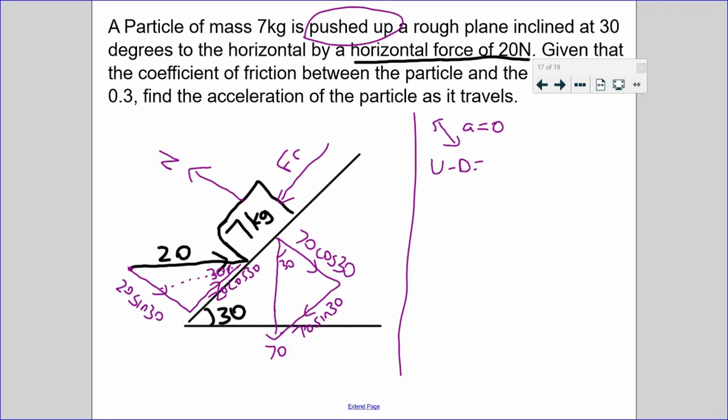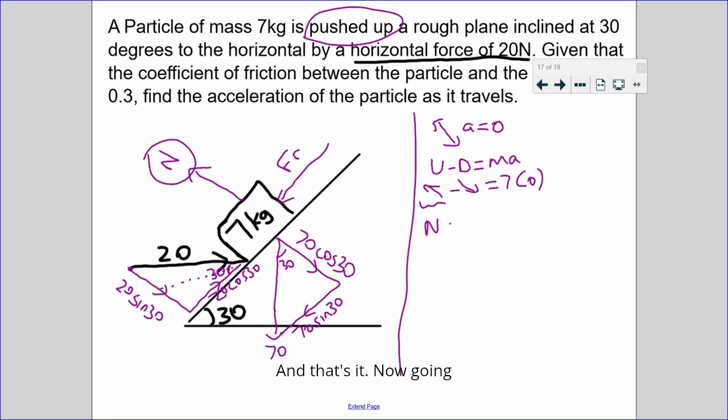Doesn't really matter. Now, which forces are going upwards? So we have the n, which is going up. And that's it.